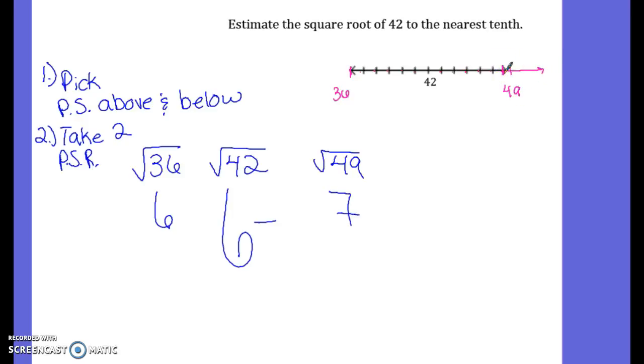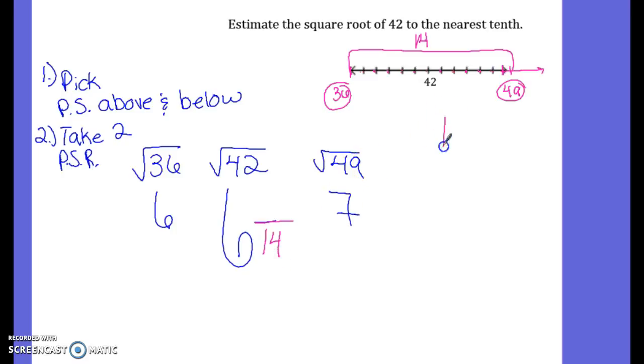So I want to see how many spaces it is from perfect square to perfect square. So I'm going to count. It's 1, 2, 3, 4, 5, 6, 7, 8, 9, 10, 11, 12, 13, 14. So it's 14 spaces from perfect square to perfect square. Then I'm going to look, well, did I go the whole 14?